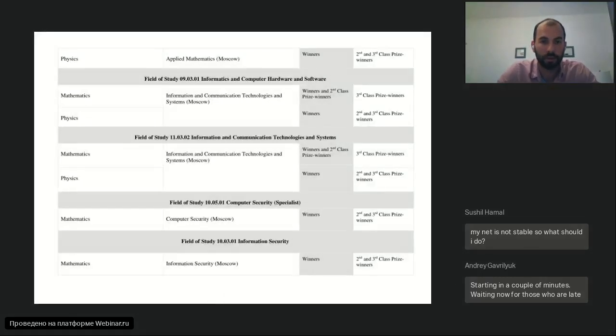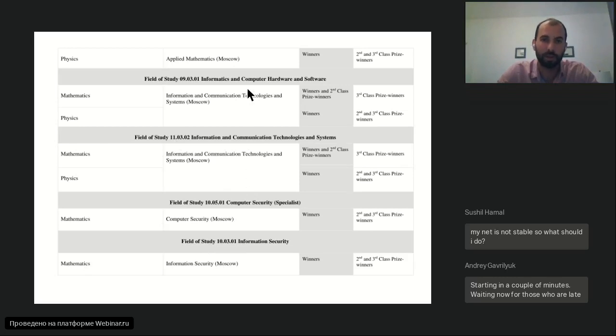And you can see here that many directions take results of the mathematical branch of our competition. And here it's not so surprising because it's like a technical block.